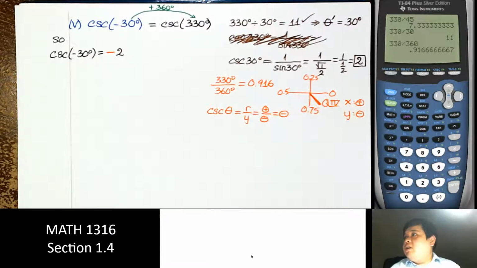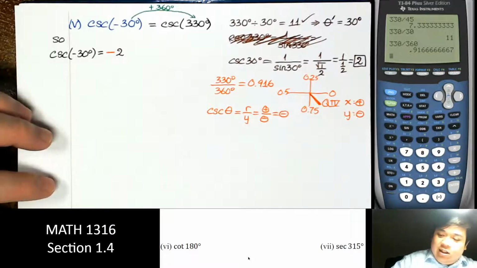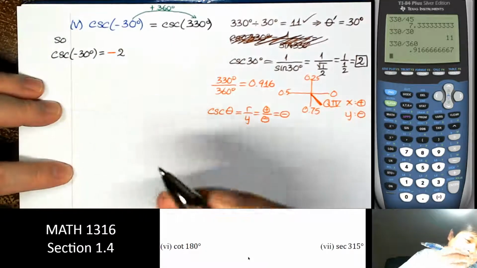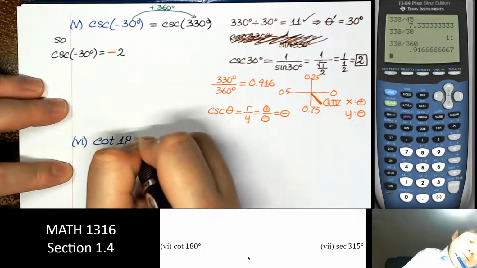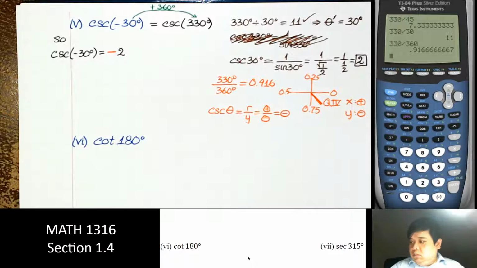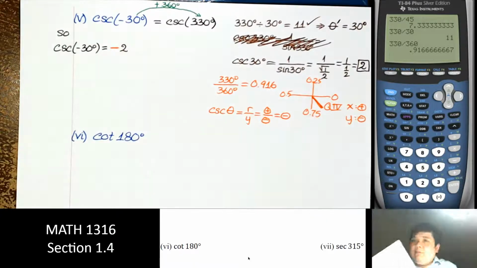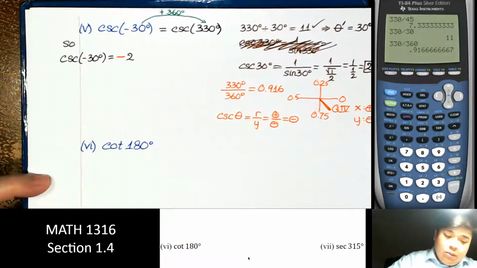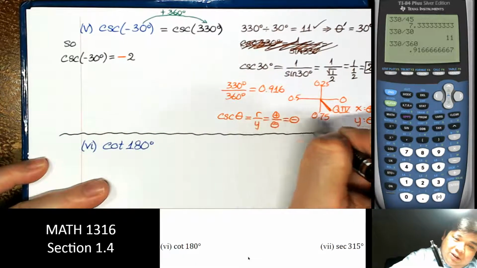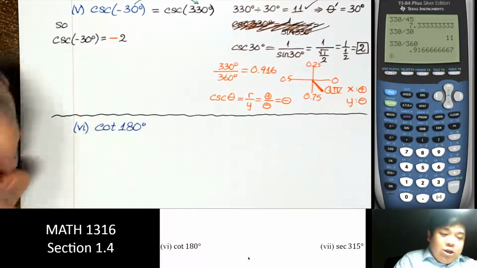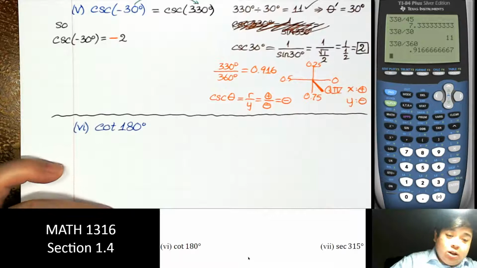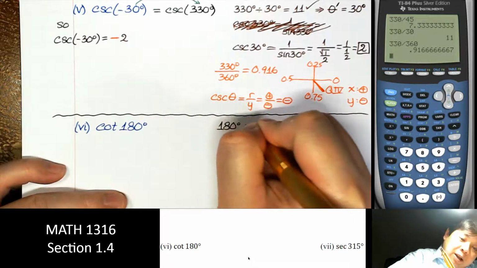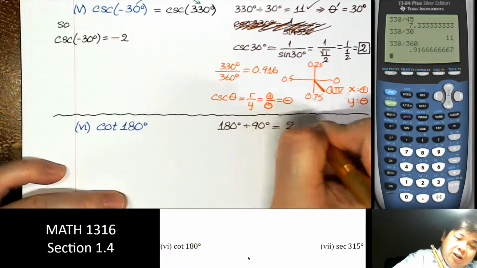Right, next. Cotangent of 180 degrees. Try to divide by 90 degrees first, and it certainly works. 180 divided by 90 degrees, it certainly works.